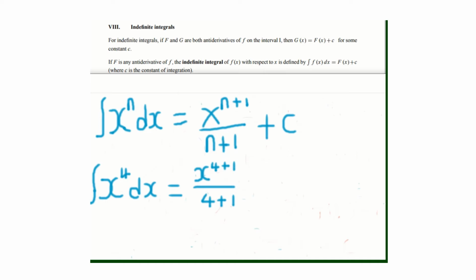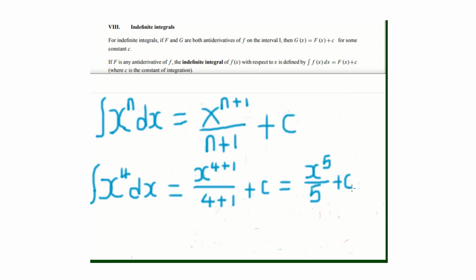And let's not forget to add a constant c. This now will be equal to x to the power 5, because 4 plus 1 is 5, and then divide by 5, and let's also not forget to add a constant c. So that is it.